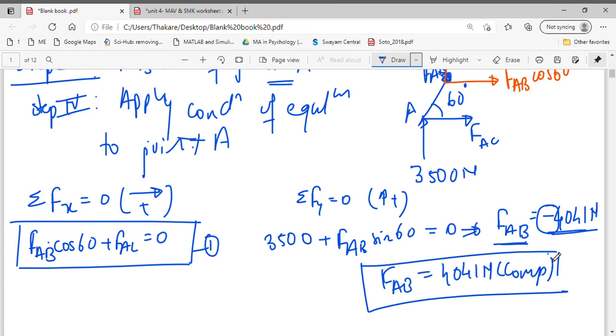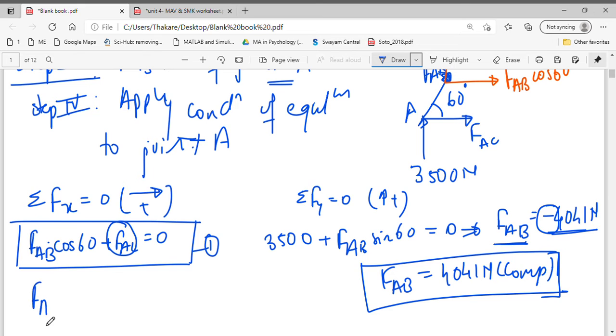The sign indicates that the assumed direction of the force is wrong. Since we had assumed it to be tensile and the value came out as negative, that means that the force is actually a compressive force. Now, if you look here, we have considered forces acting towards right as positive.